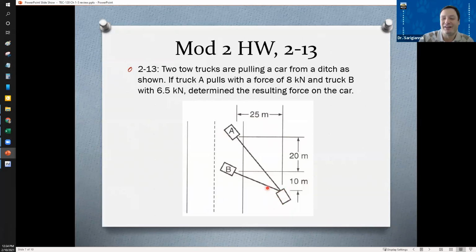But you've got this car and one tow truck here and another tow truck here, and truck A is a force of 8 kilonewtons, right? So what's going on with the force? The force is being exerted right along this chain. I'm assuming it's a chain. Truck B is 6.5 kilonewtons, right?